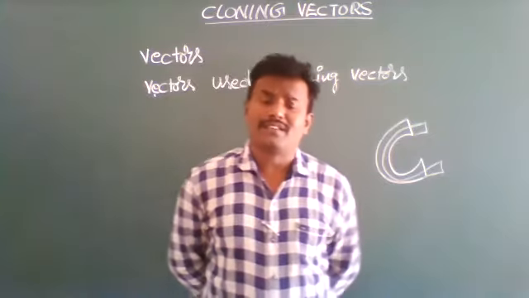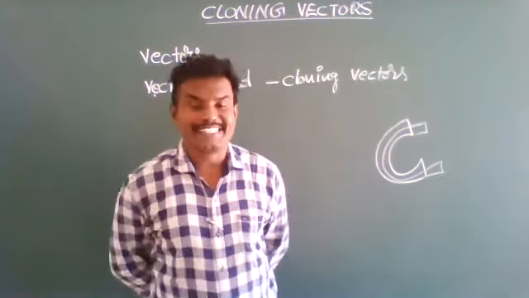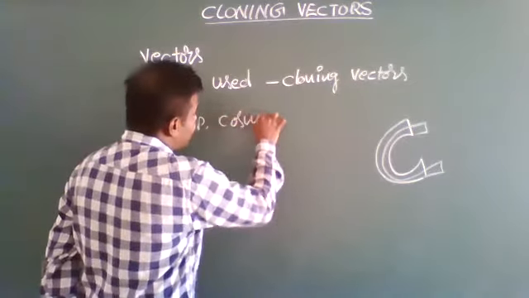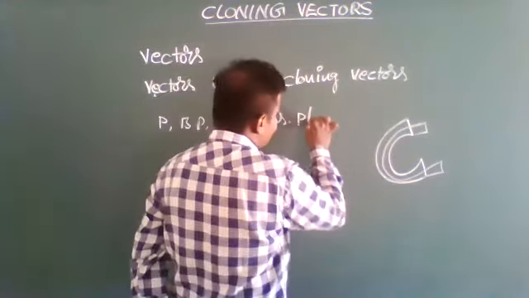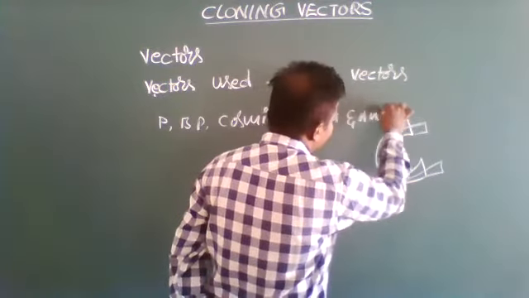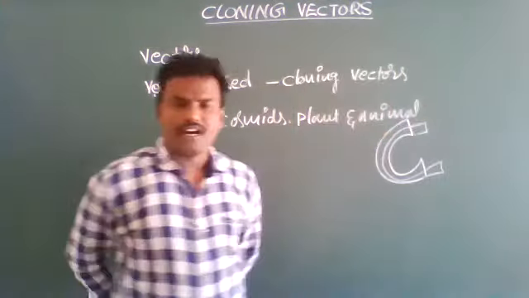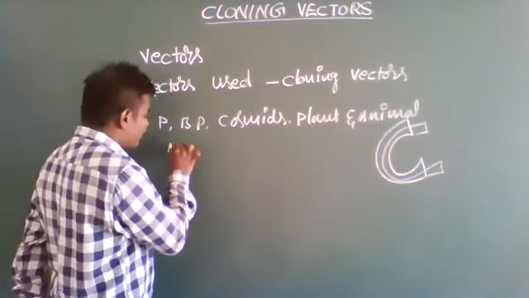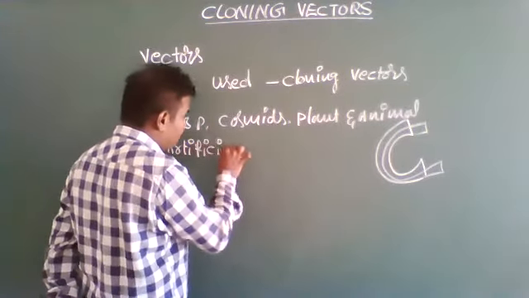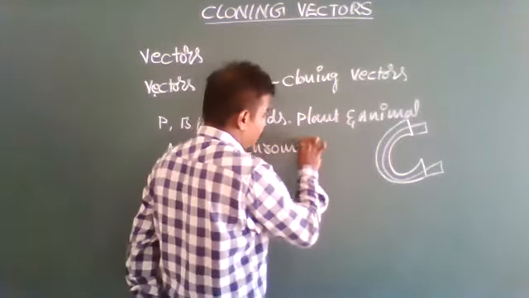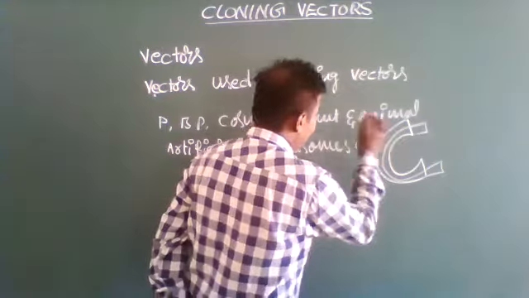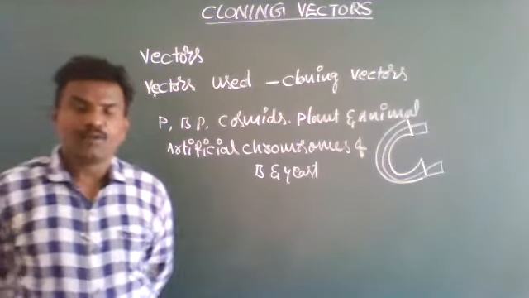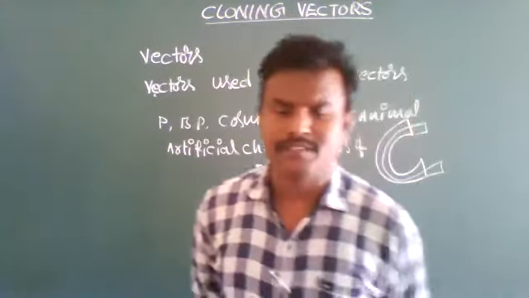There are a number of cloning vectors: plasmids, bacteriophages, cosmids, plant and animal viruses, artificial chromosomes of bacteria and yeast, and transposons.